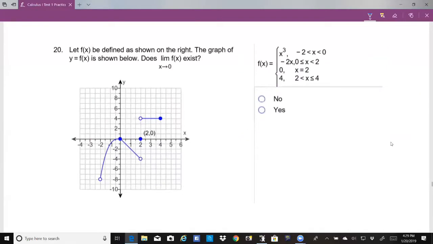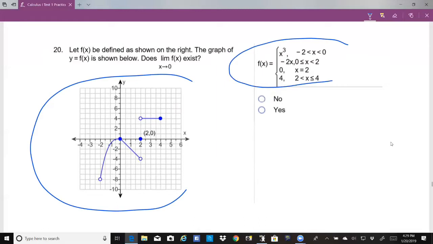Now we have a function defined below and defined on the right. We have it graphed below and defined here on the right. And we have a nice little neat graph. The question is, does the limit of f of x exist as x approaches 0?